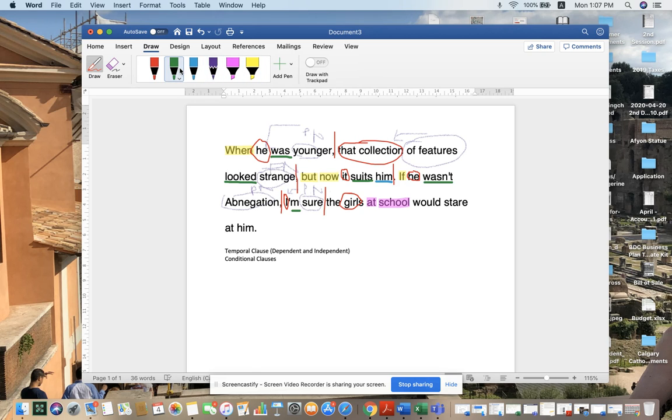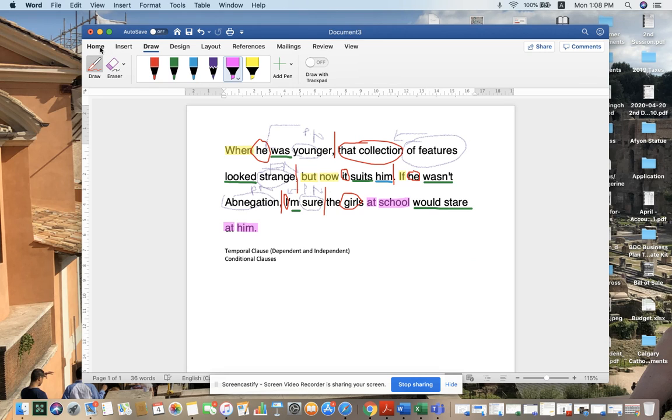And there is our predicate, would stare. Okay? And this is a verb that takes a preposition. In other words, a prepositional verb at object of the preposition, him. Okay? So if he wasn't abnegation, comma, then I'm sure that the girls at school would stare at him. Okay? This is known as a conditional clause.